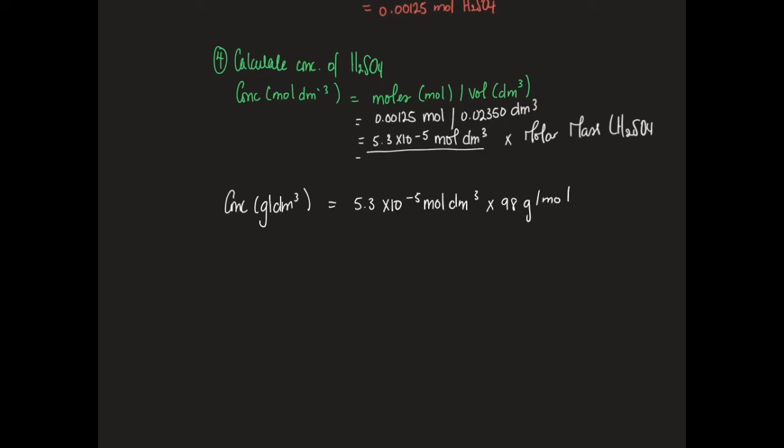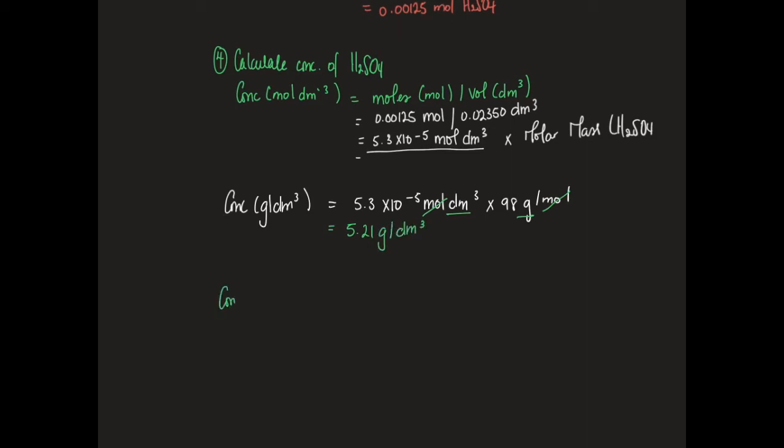Now if you look at the units, you see that it actually works out because we're going to remove the mole and we're going to be left with, yes. So the answer for that is 5.21 grams per cubic decimeter.